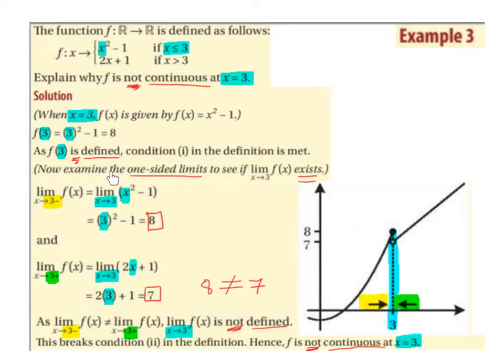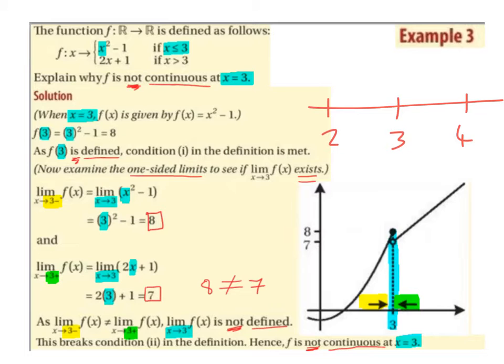Now we'll examine the one-sided limits to see if the limit of f of x as x approaches 3 exists. So remember, in order for the limit of f of x as x approaches 3 to exist, the one-sided limits must exist and be equal. So let's start with the limit of f of x as x approaches 3 from the left.